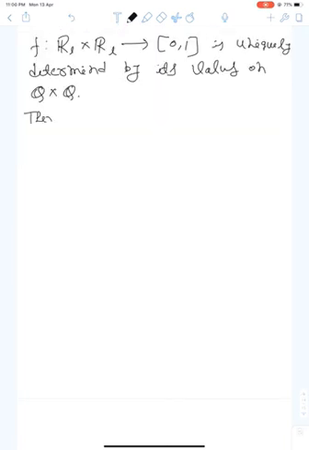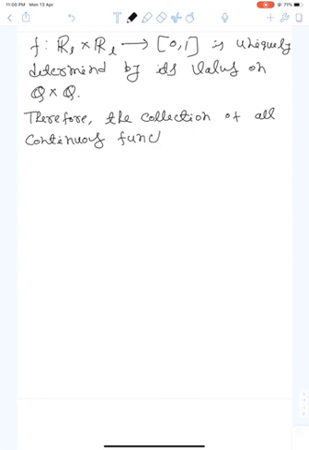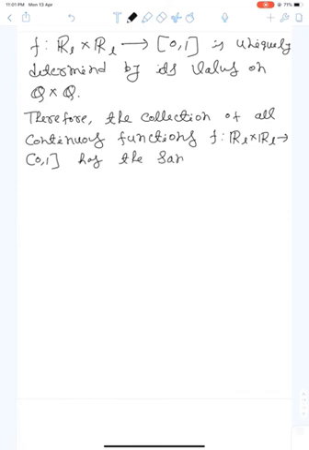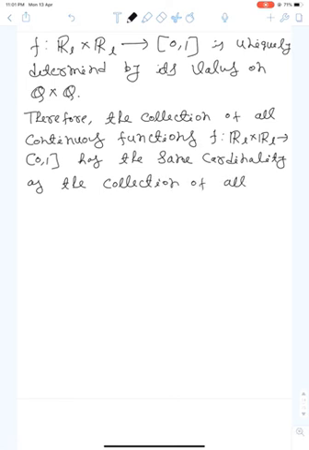Therefore, the collection of all continuous functions from RL cross RL to [0,1] has the same cardinality as the collection of all functions from Q cross Q to [0,1].